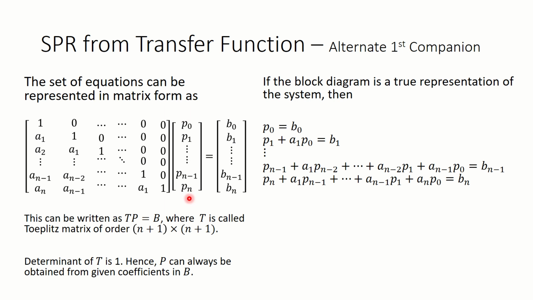These pi's are not given to us; ai's and bi's are given to us, but we have written down the state space realization in terms of ai and pi. So we have to find out what these pi's are in terms of ai and bi.